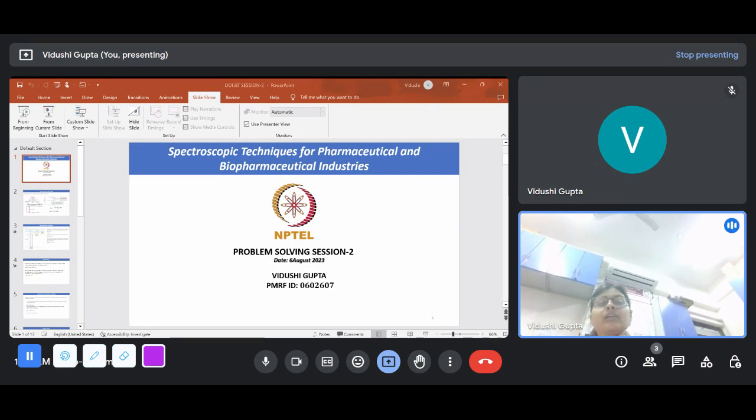So now if you will calculate the value, by this we can obtain the value of wavelength, and if we will put the value of this in this equation, then we will calculate the energy.